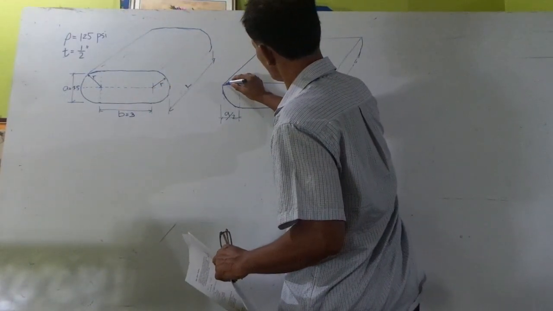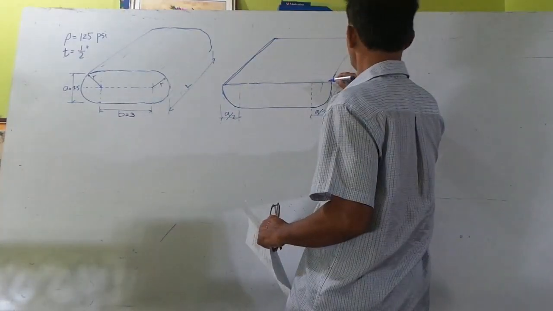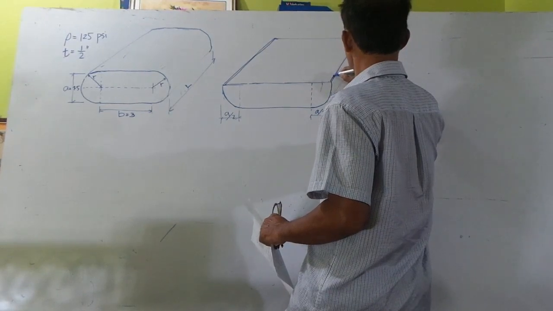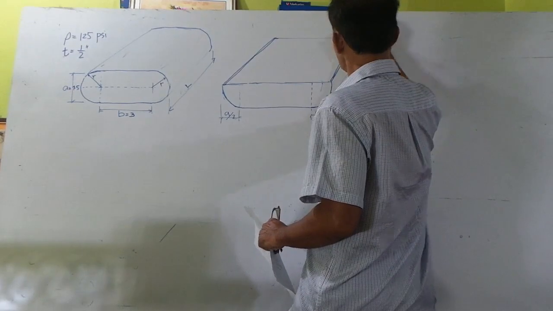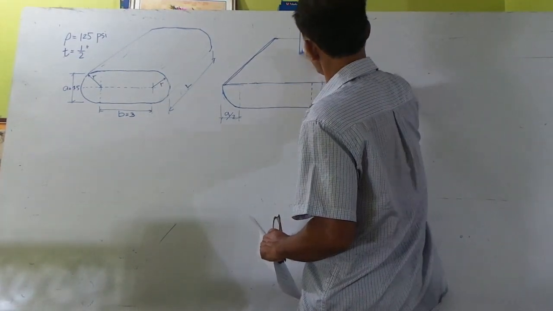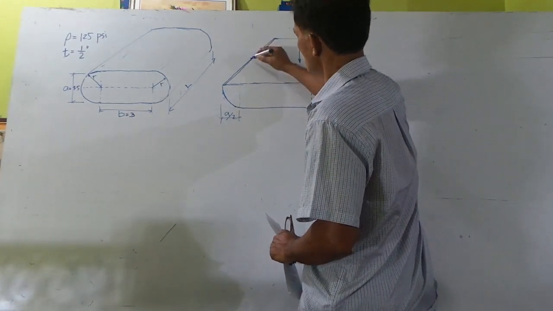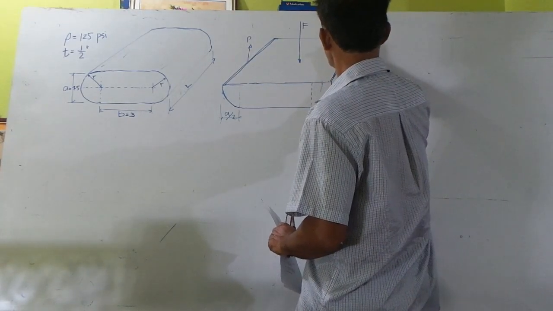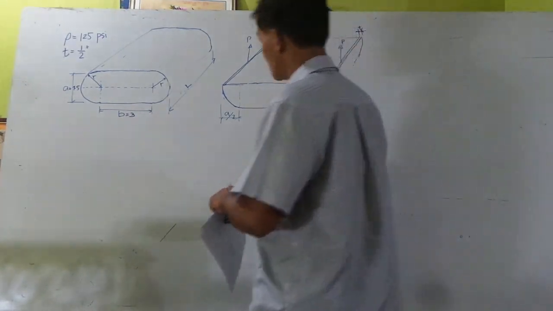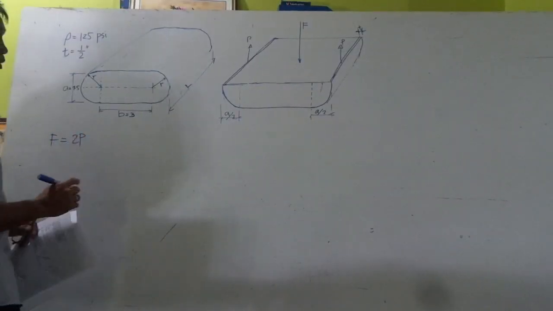This is our thickness of the plate, T. Then this is the total force F, and the total stress P on each side. So F is equal to 2P.